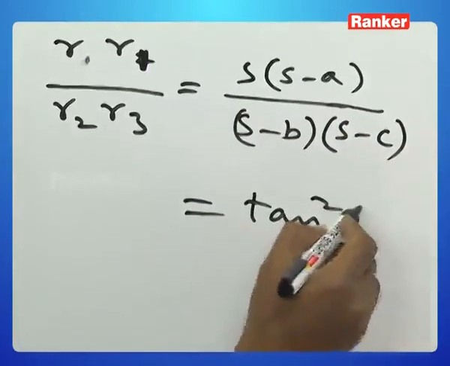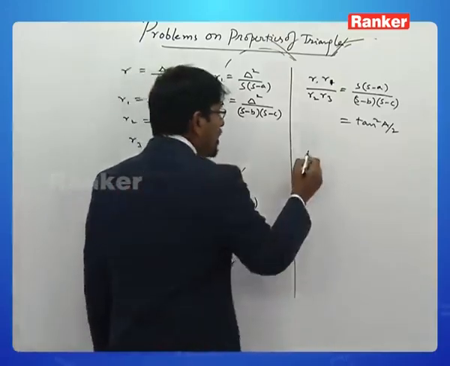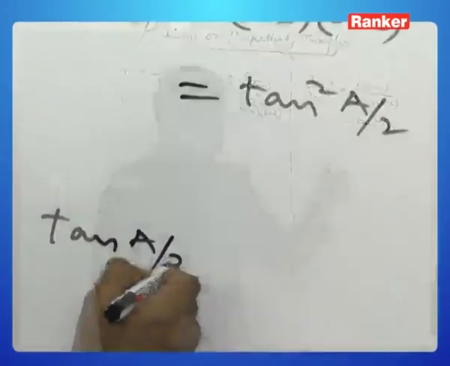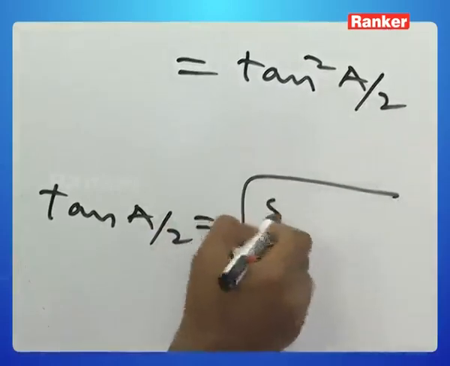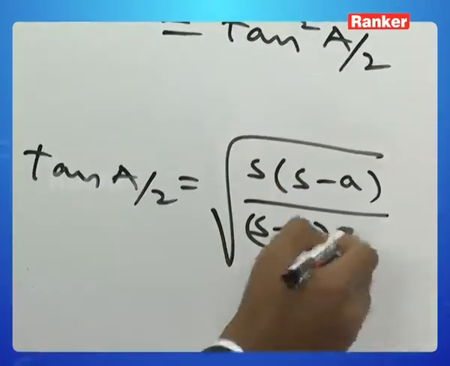We have the half angle formulae. Let's recall the tan A by 2 formula: root over S into S minus A by S minus B into S minus C.